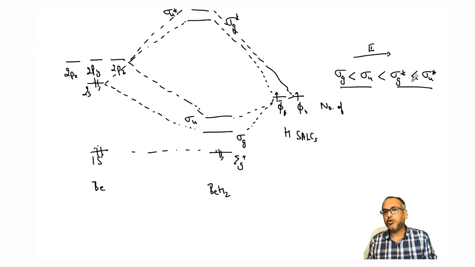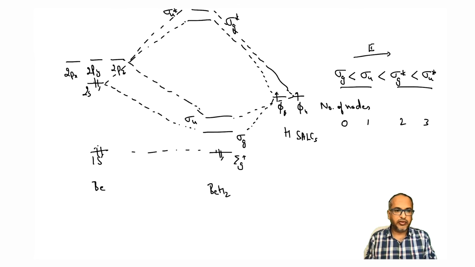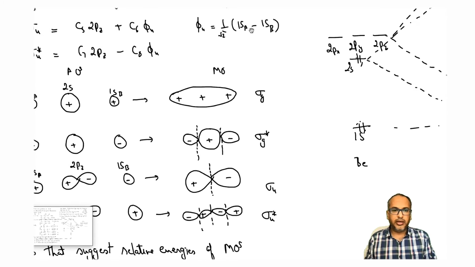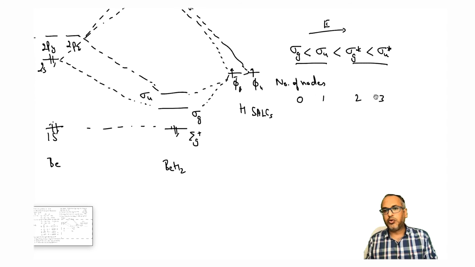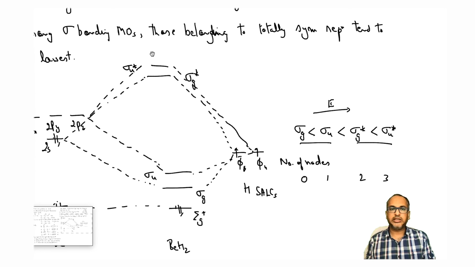So as per the rules, they have to be lower in energy as compared to these. Now the number of nodes present will dictate whether sigma G is more stable or sigma U is more stable. So sigma G has 0 nodes, sigma U has 1 node, sigma G star has 2 nodes, sigma U star has 3 nodes, right? So the number of nodes will also define the energy. So that's how they are arranged now: sigma G, sigma U, sigma G star, sigma U star.